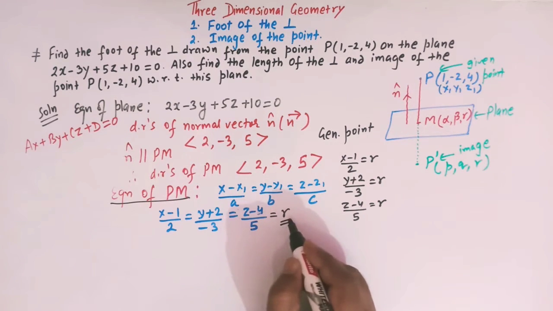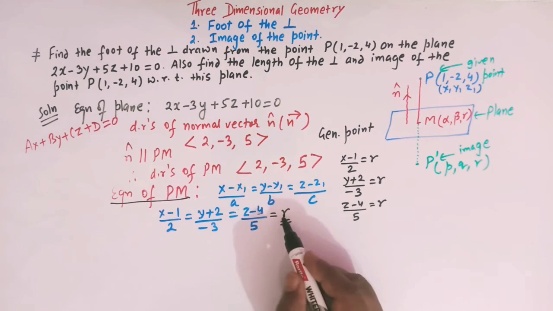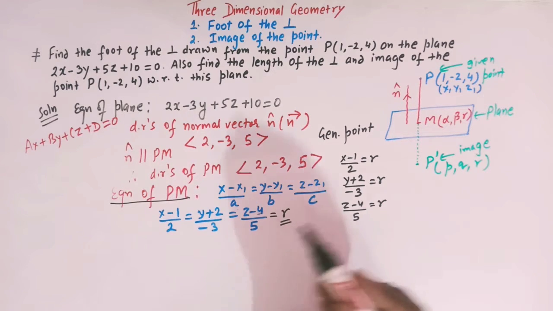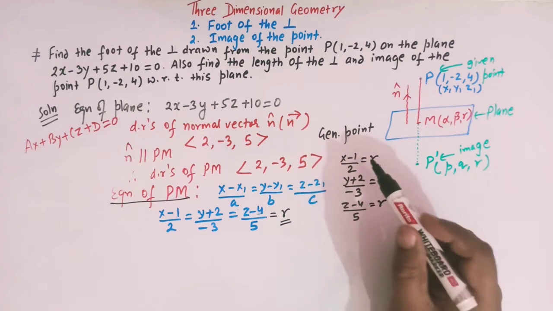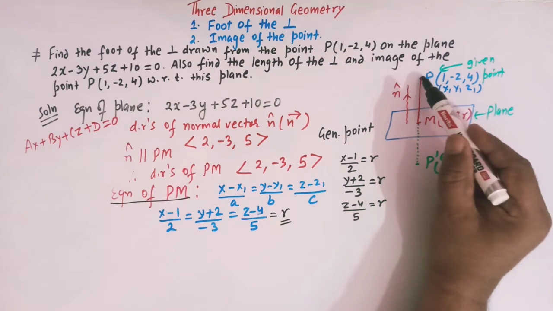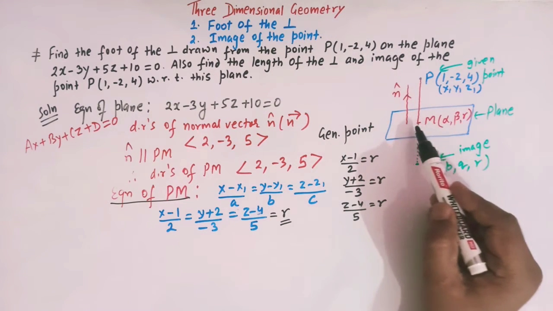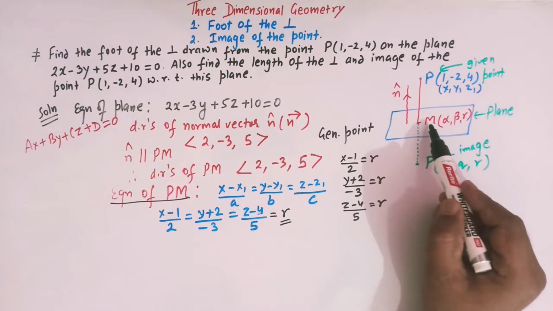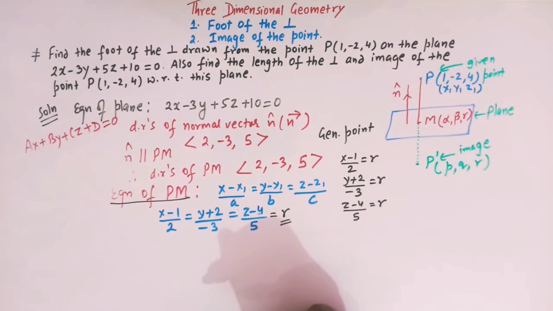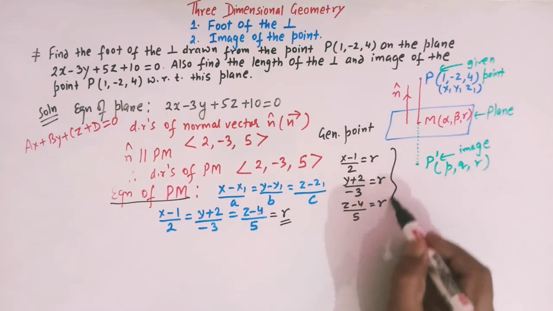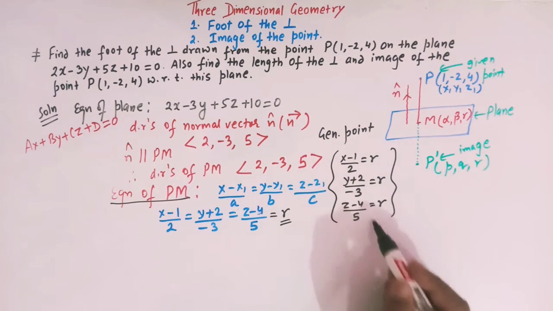So here we are taking this scalar r to find out the coordinates of a general point on this line PM, right? And that general point will be taken as this point M in our later steps, right?